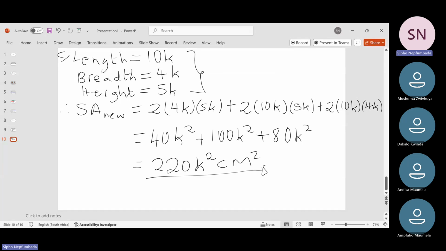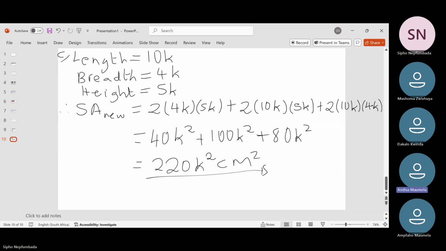Now our length has changed to 10k. I have to explain each and every step, even though you know the shortcut, because some learners don't know what we're talking about.